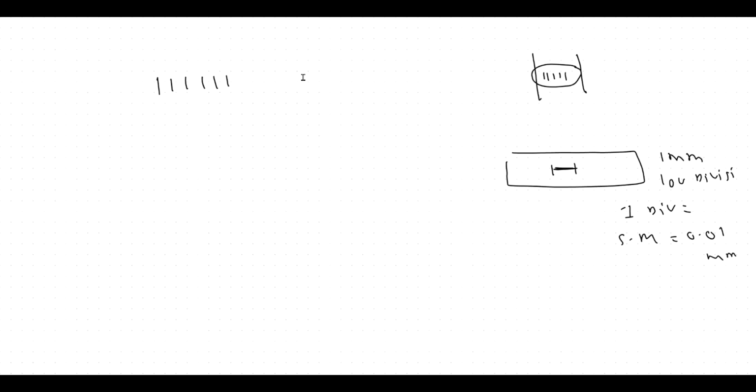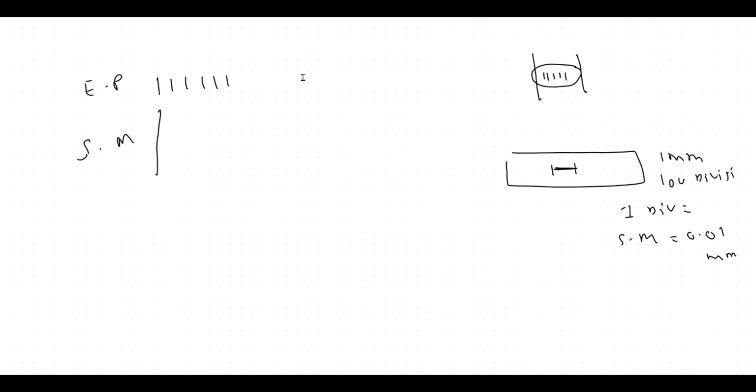Firstly, if this is my eyepiece graticule, I'm going to arrange the stage micrometer in a way that my first division of a stage micrometer completely coincides with the first division or with any division of the eyepiece graticule.